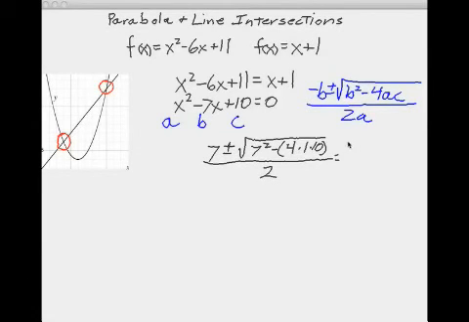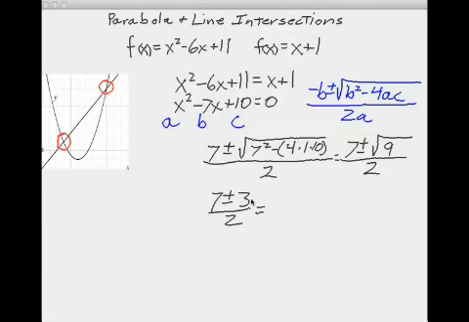So that's going to equal 7 plus or minus square root. Well, 4 times 1 times 10 is 40. 7 squared is 49, so that's 49 minus 40, which is simply 9, over 2. But the square root of 9 is just 3. So that's 7 plus or minus 3 over 2.